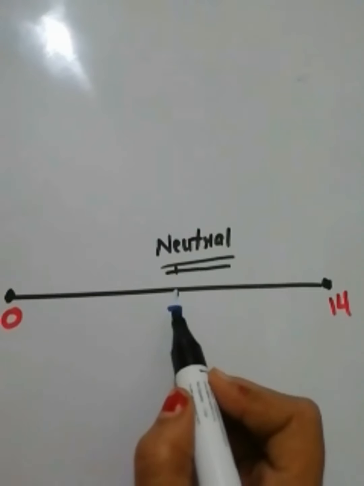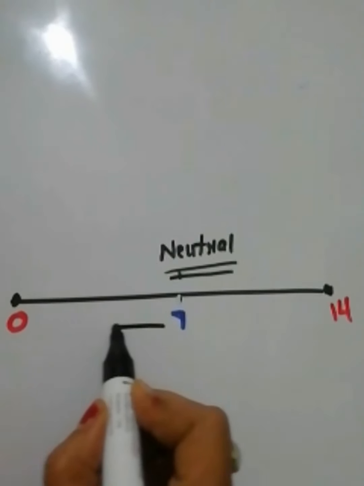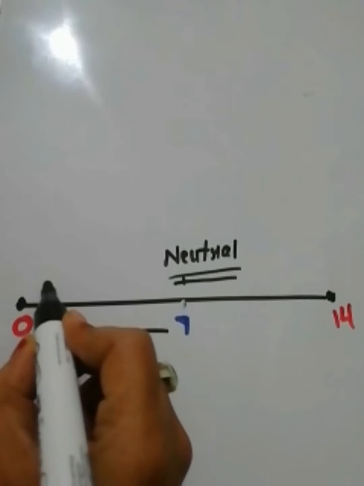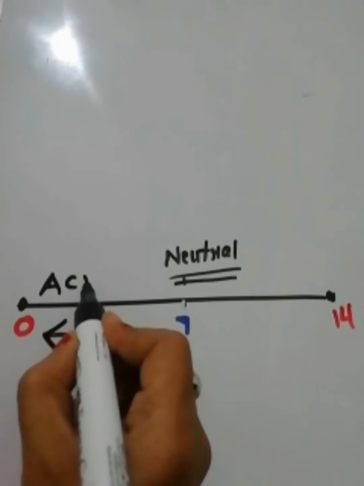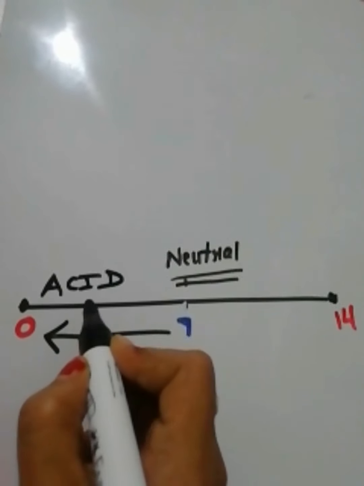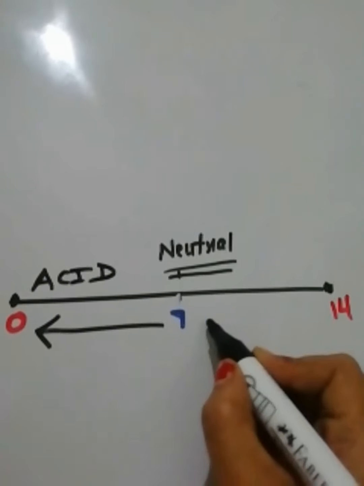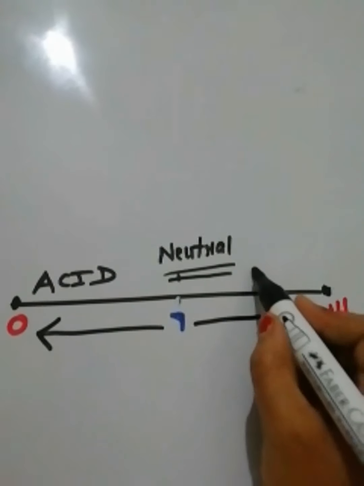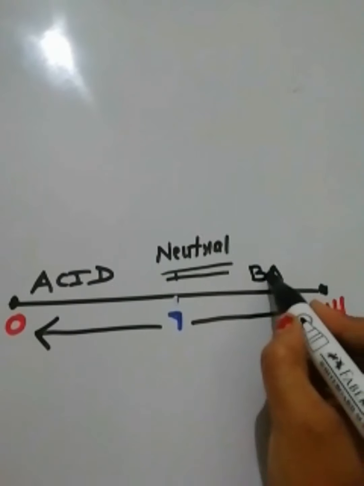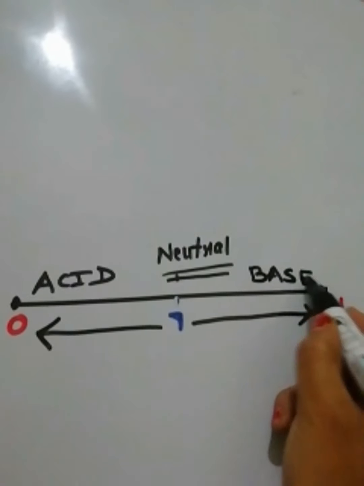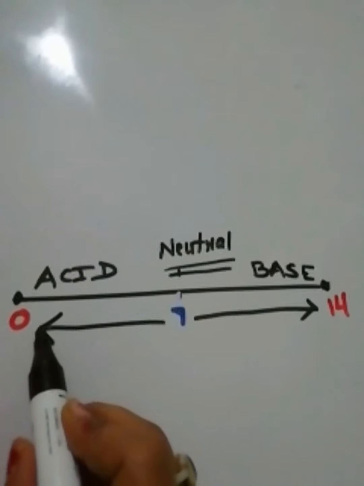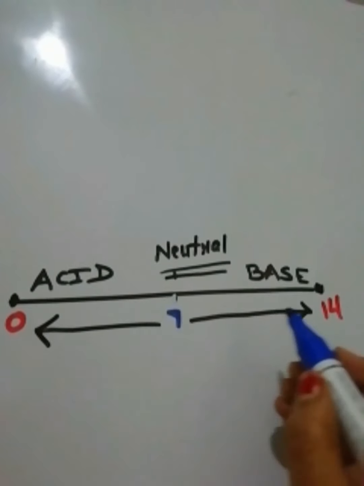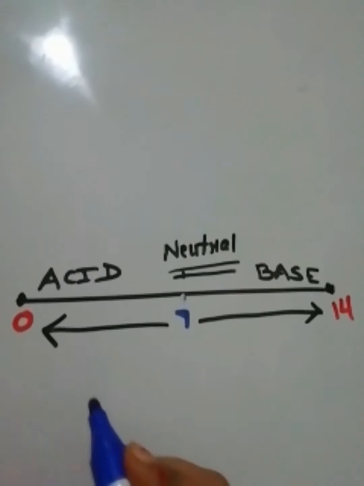Below 7, from here till 0, it is acid, and after 7 till 14 it is base. So from 0 to 7 it is acid and 7 to 14 is base.